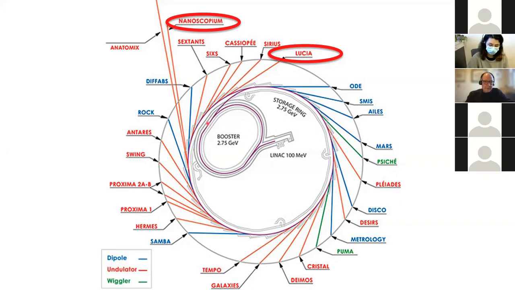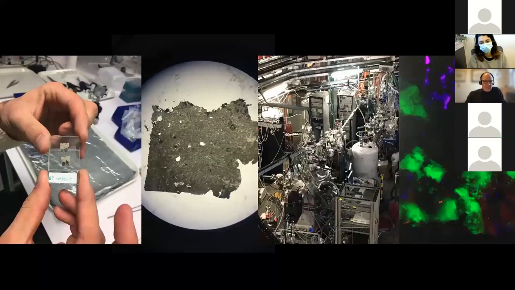Here they are used in the various beamlines, and we are trying to combine 2 of these beamlines, a high energy one where we can see a lot of the metals, and a lower energy one where we can see the softer elements like sulfur, because the story that is going to follow has an important role for arsenic that we can see in the Nanoscopium, and for sulfur that we can see in the Lucia beamline.